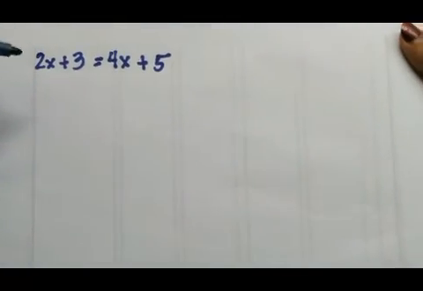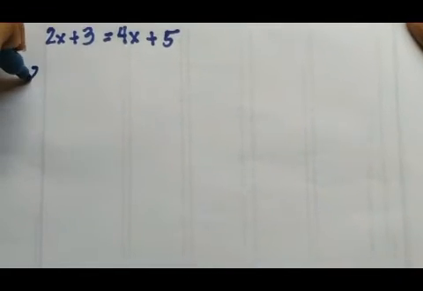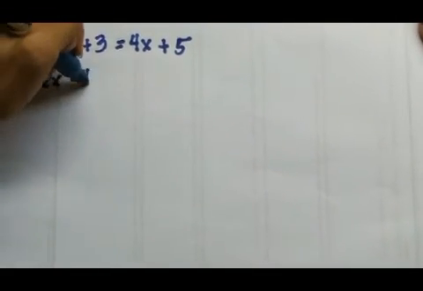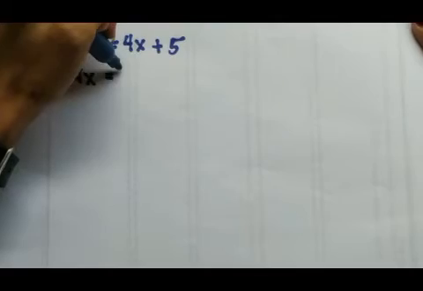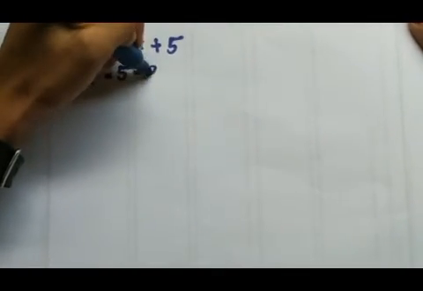To prove that my program is correct, our equation is 2x plus 3 is equal to 4x plus 5. First, we're going to transpose our like terms. So 2x minus 4x, and we also transpose 3, so minus 3.